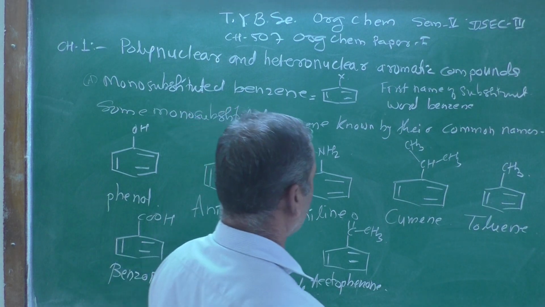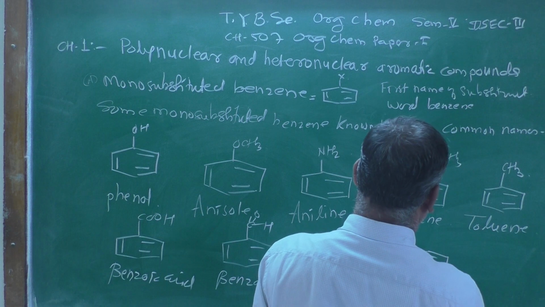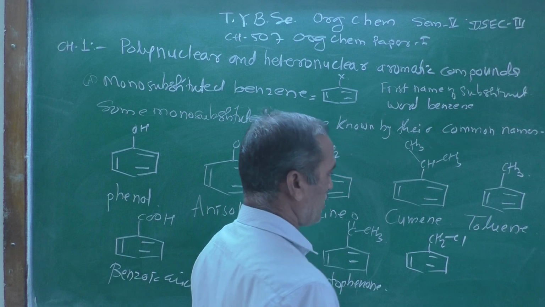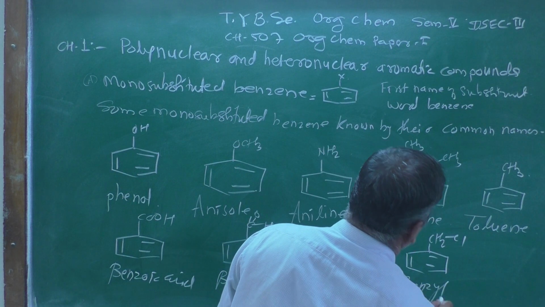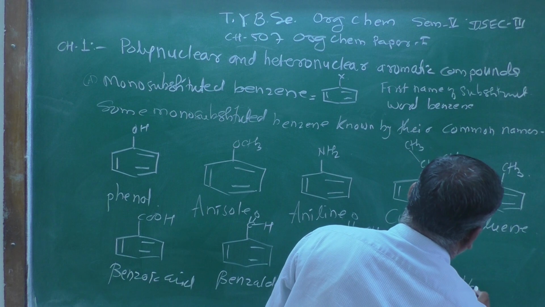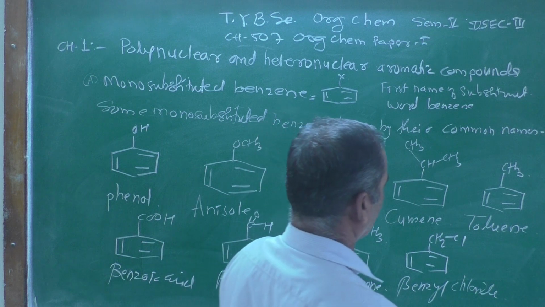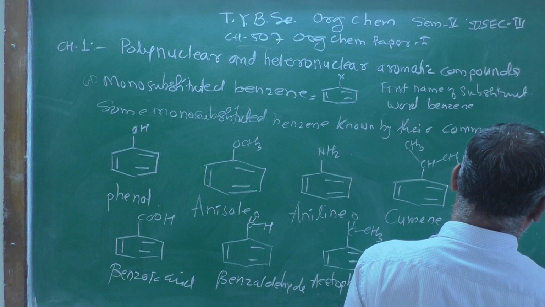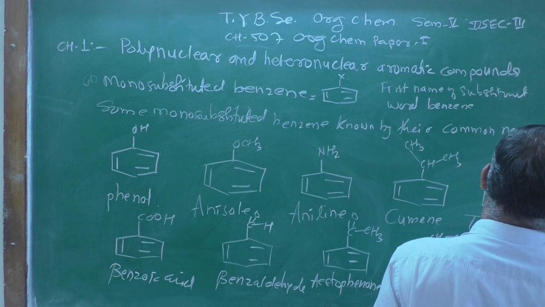Let me show another example. Here CH2Cl, which is known as benzyl chloride. Suppose we have another structure here, C double bond O with another benzene ring.